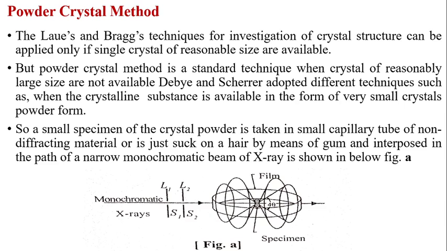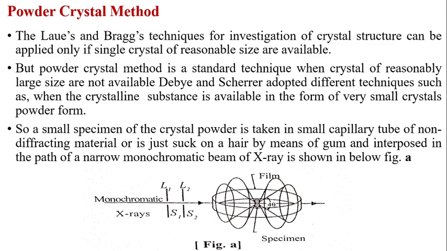Now, the powder crystal method or Debye method is used to study polycrystalline materials, that is, the materials which are in powder form. The Laue and Bragg's techniques for investigation of crystal structure can be applied only if single crystals of reasonable size are available.